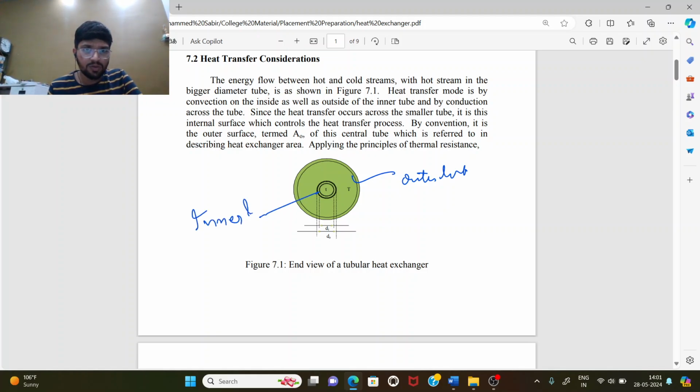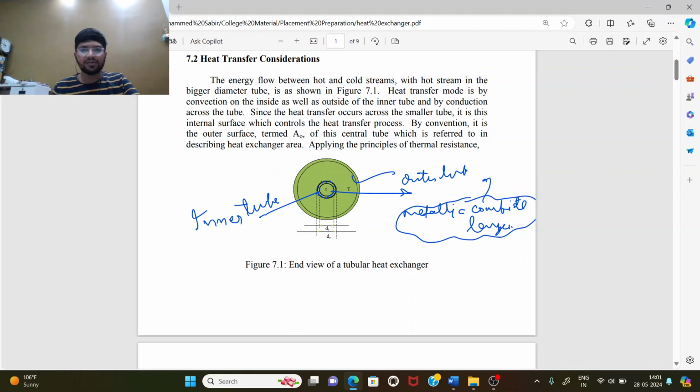These are separated by a metallic and composite layer. This is the basic construction of a heat exchanger.